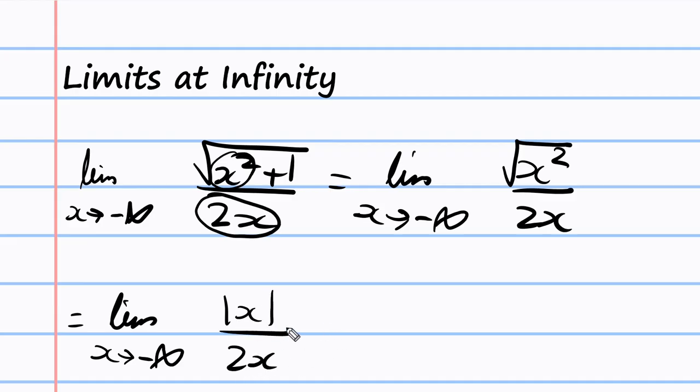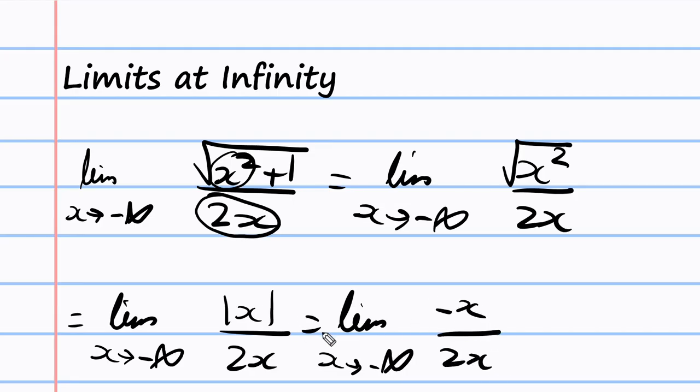For negative values of x, the absolute value of x essentially just becomes negative x. If I have a negative value of x, like negative 10,000, and I multiply it by negative 1, it becomes positive 10,000. It's doing the same thing the absolute value is doing. And that's just equal to negative 1/2, okay?